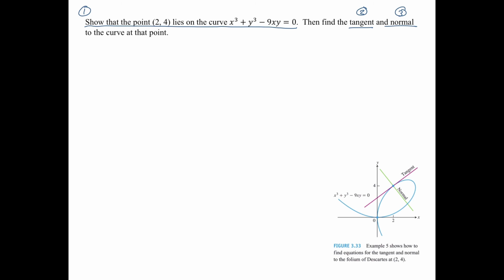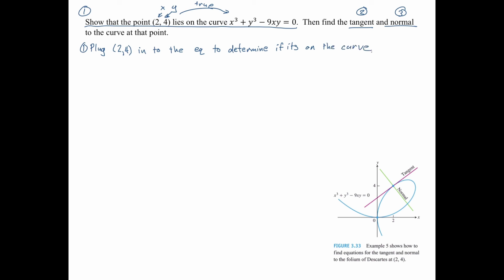If it's going to be on the curve, when you plug the 2 and the 4, which is an x and a y value, into this equation, you need to make sure that it's true. So for the first part, what we're going to do is plug the point 2, 4 into the equation to determine if it's on the curve.